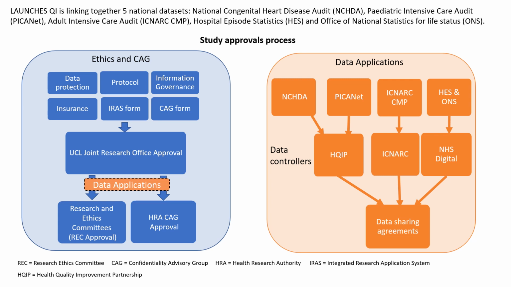Once submitted to the Research Ethics Committee and Confidentiality Advisory Group, we could begin on the data applications, as shown in the orange diagram. We had 4 data applications to complete for the 5 datasets, which were submitted to be approved by 3 data controllers. With study approvals and data sharing agreements in place, we could start the process of acquiring the data.